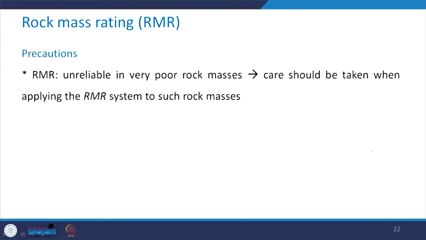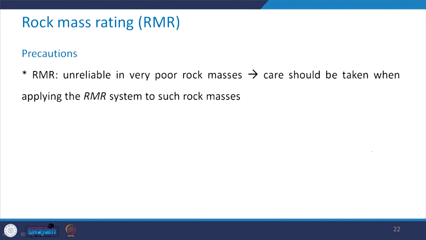RMR is unreliable in very poor rock masses, and therefore, when we apply the RMR system to such rock masses which are very poor, we should be careful.